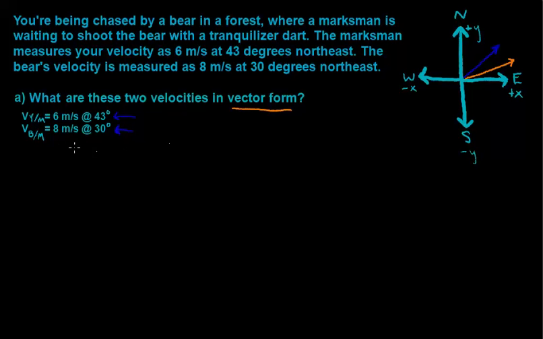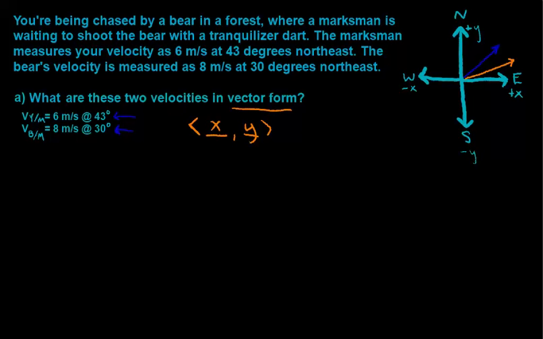And what we want to do is get these velocities in their vector form. So right now they are magnitude values, and what we want to do is get them into the form where, because we're only dealing with x and y, we can see their x and y vector values.